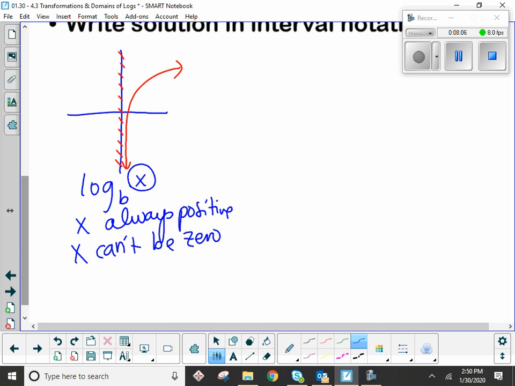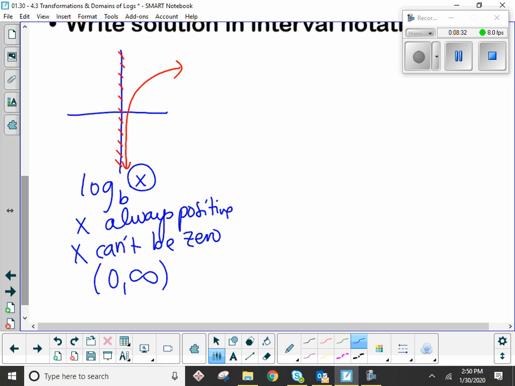We're all good with that, right? Those two things? It's true. We're all agreed. That is two characteristics that are true of the domain for this graph. The domain is a set of all the x values. And I can write that in interval notation like this. 0 to infinity. Okay?